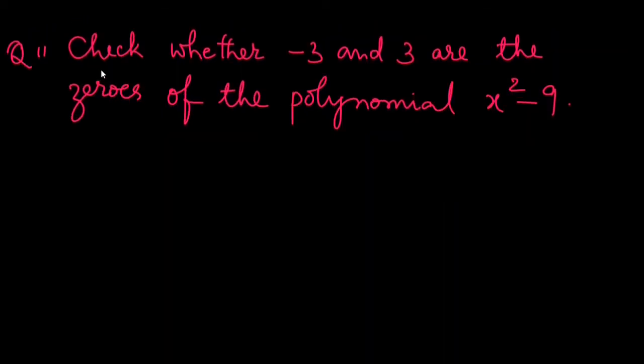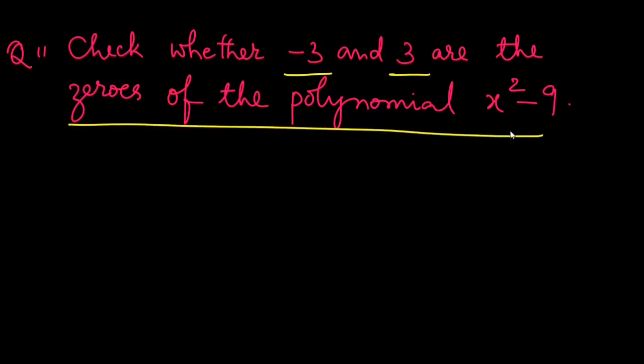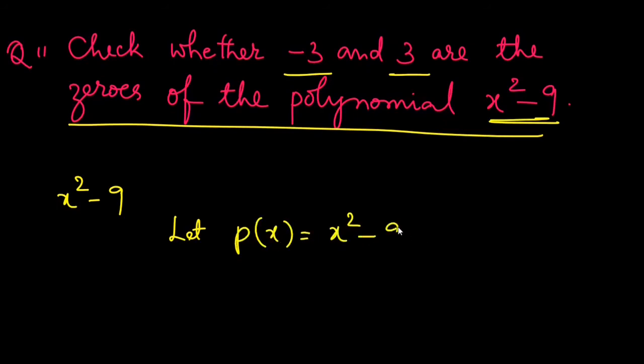Another question, check whether minus 3 and 3 are the zeros of the polynomial x square minus 9. Let us say it is p of x. Let p of x is equal to x square minus 9.